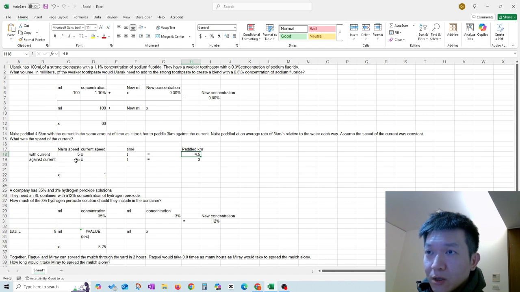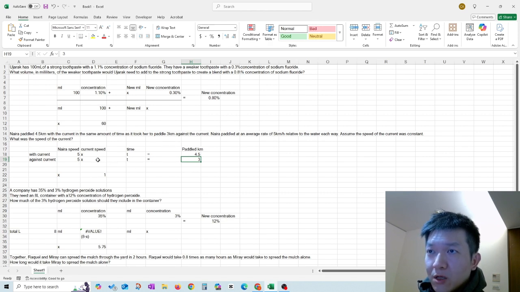And against the current, this will be minus, right? 5 minus x times the t, because the time will be the same, so that will be a constant time, and equals to the 3 kilometers that she paddled if she paddled against the current.